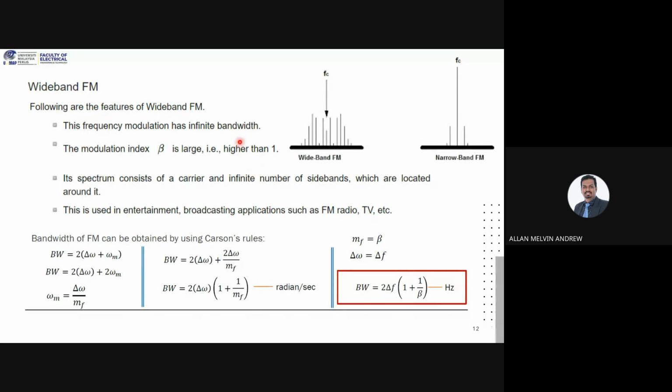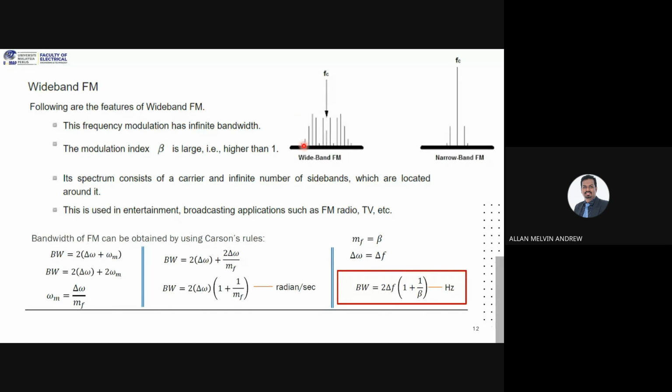Usually the value will be more than 1. The spectrum consists of a carrier and an infinite number of sidebands located around it. Here you can only see 7, but it can actually have an infinite number of sidebands, as many as you want.